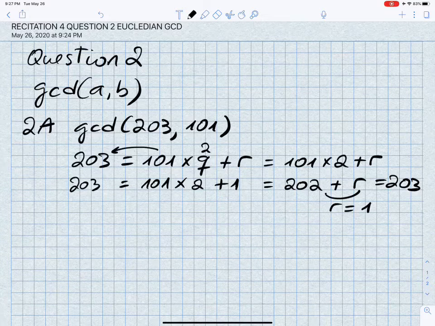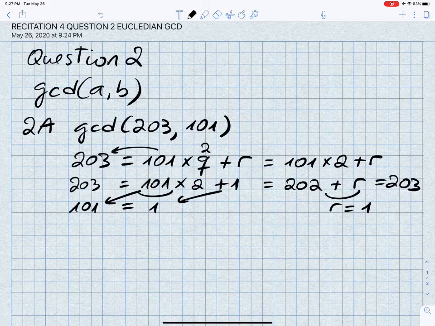All right, so now we repeat the algorithm again by doing a couple of swaps. We're going to move the value of B into the position of A. So there's going to be 101. And we're going to move the remainder into the position of B. So that's going to be 101 is equal to 1 times some quotient plus some remainder.